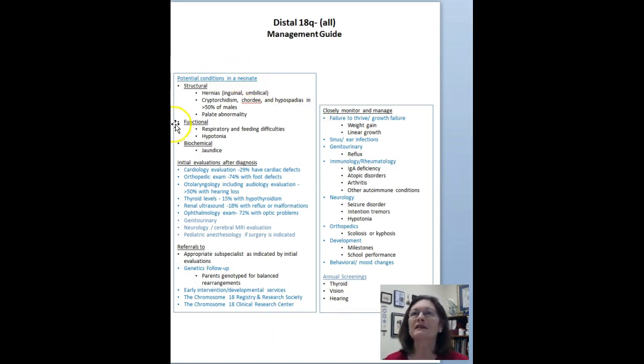First, the things to look for in a neonate, the things you should be sure to do when you have an initial diagnosis, the referrals that need to be made, and then the list of things to monitor and manage as they get older.